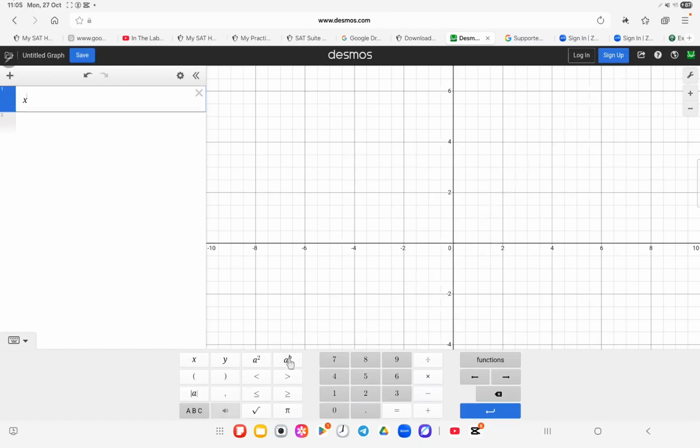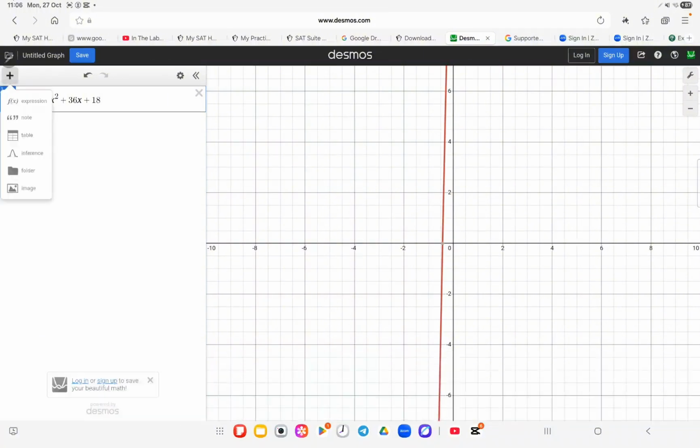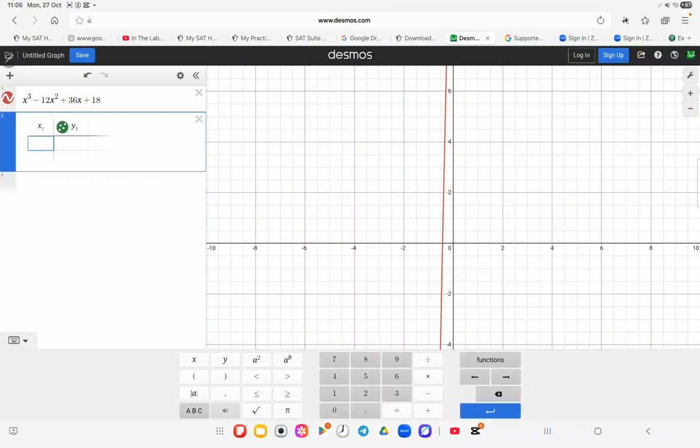So I'm going to be writing x cubed minus 12x squared plus 36x plus 18. And now I'm going to be clicking on this one here. I'll be putting a table, and I'm going to ask it for when the x is 10, how much is my y?